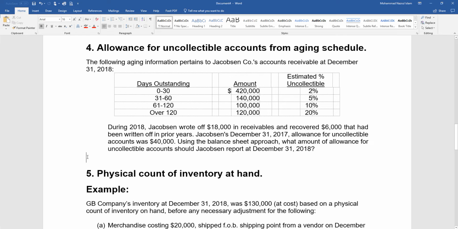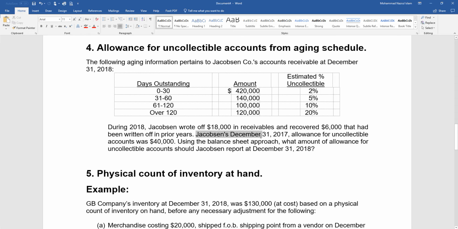Now let's see. The following aging information pertains to Jacobson Company's accounts receivable at December 31st, 2018. The days outstanding, amount, and estimated percentage uncollectible: 0 to 30 days, 420,000, at 2%, and so on. During 2018, the company wrote off 18,000 of receivables and recovered 6,000 that had been written off in prior years.